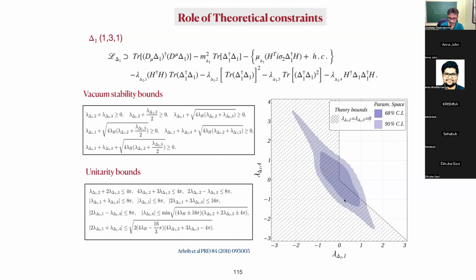So it's always a good idea that along with the experimental data, you also impose whatever theoretical constraints you have in hand. Then, when you give the allowed parameter space altogether, it will be more robust and consistent. So after performing the fitting, you should not forget to adjust that parameter space in light of the theoretical constraints, because some of the parameter space may be ruled out. This is one of the examples.